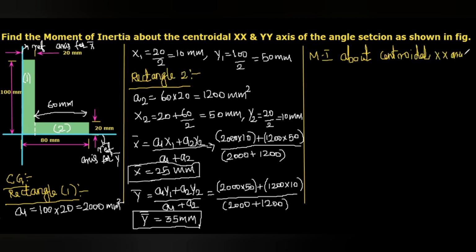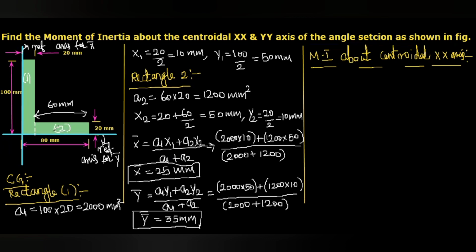Moment of inertia with respect to the x-x axis, first we are going to consider. Here we know that moment of inertia for the whole section with respect to the x-x axis passes through the center of gravity.